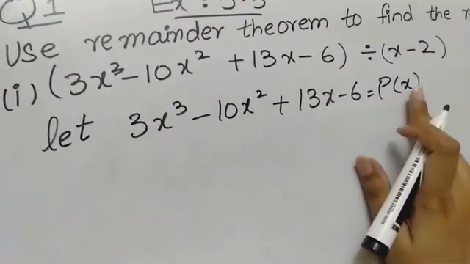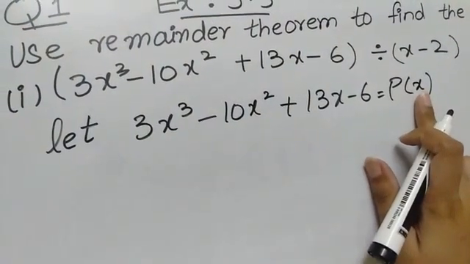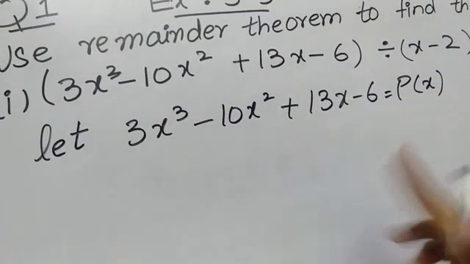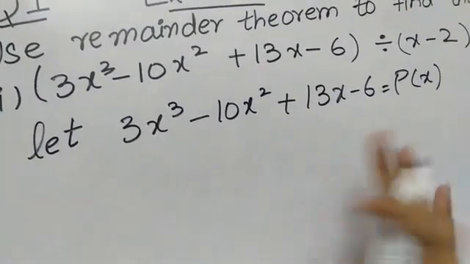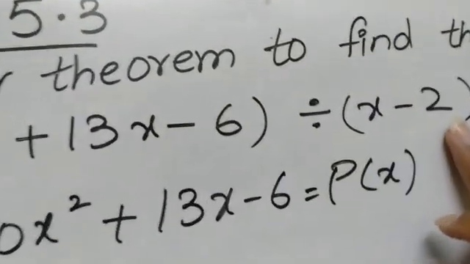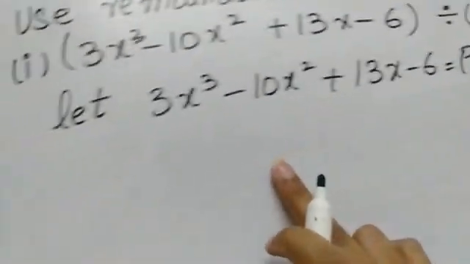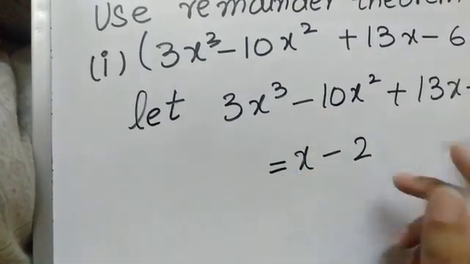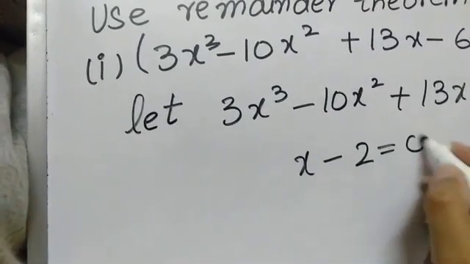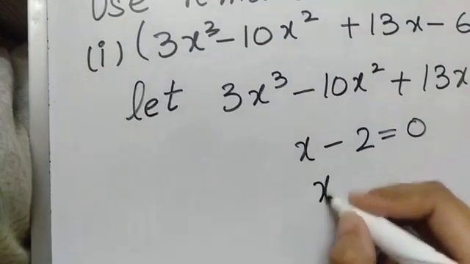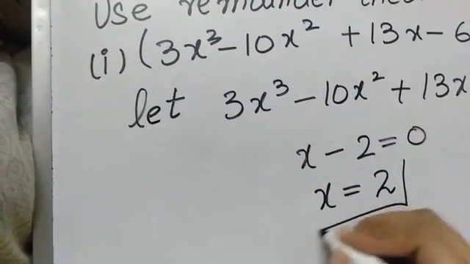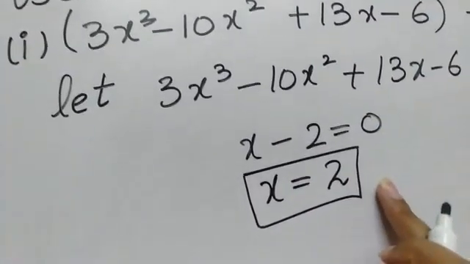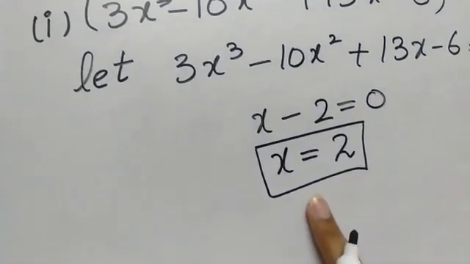Now x is the term which we are going to replace, and how would we know which value we have to put? We will see our divisor, here x minus 2. We will let it equal 0. Now x will be plus 2, because when this minus 2 goes to the other side, it becomes plus 2. Now our x value is 2.